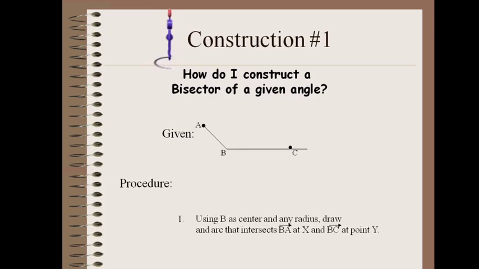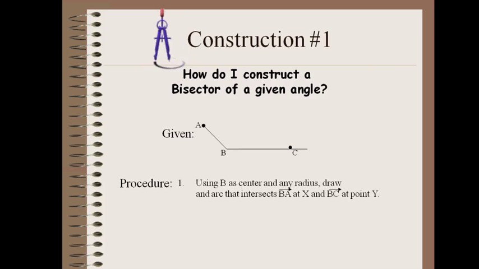Now the procedure number 1 is using B as center and any radius, draw an arc that intersects AB at X and BC at point Y. Everybody look in your figure how we are going to do that. This first procedure, you will take your compass, put your pointer at B and take any radius.